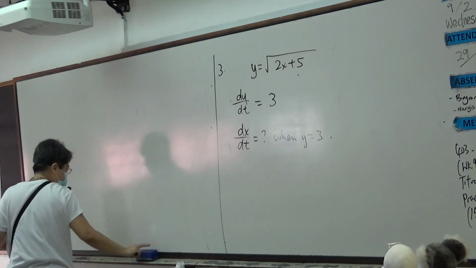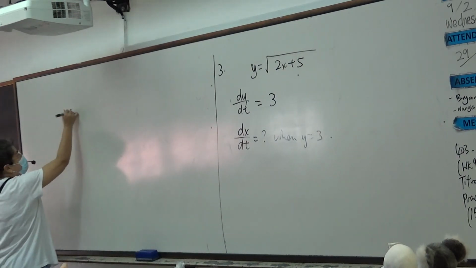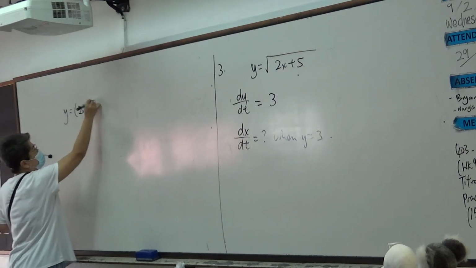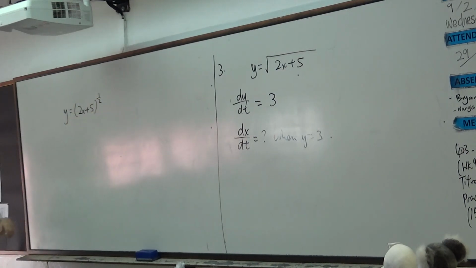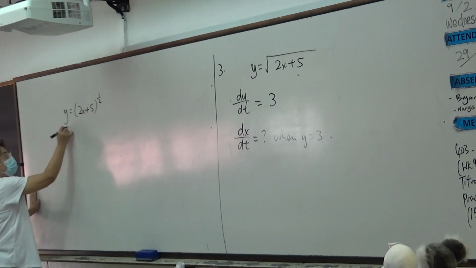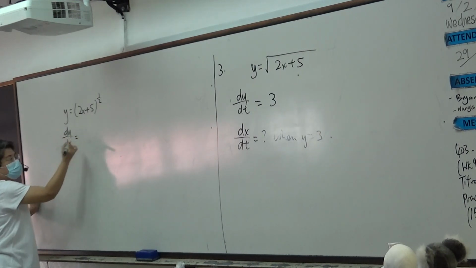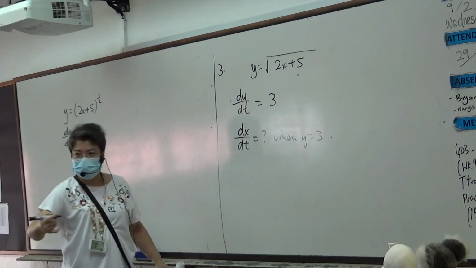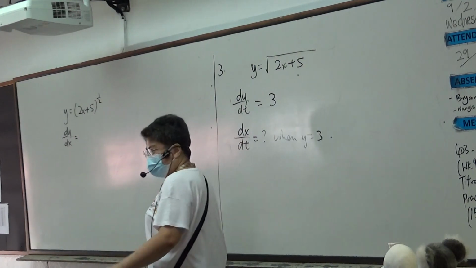So, first thing. y is (2x plus 5) to the power half. I want all of you to find dy/dx for me. All of you differentiate now. It should be quite fast.